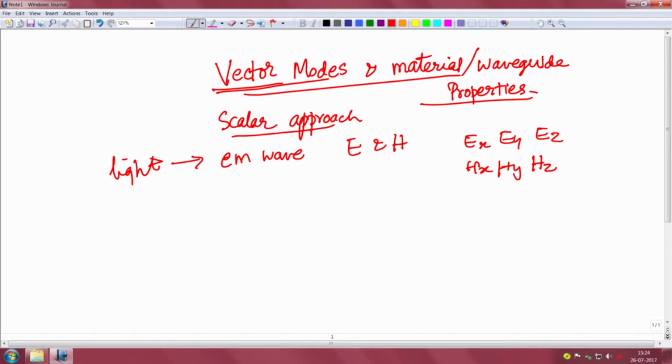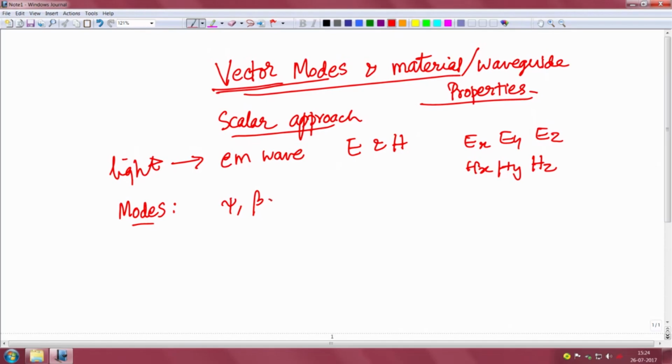Before we proceed further, we will have to define what modes are. We have already seen in the scalar approach that a mode is a pattern of a field along with its propagation constant.